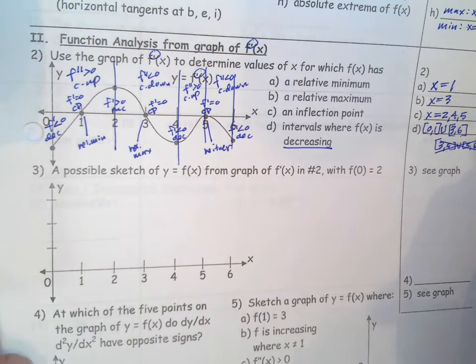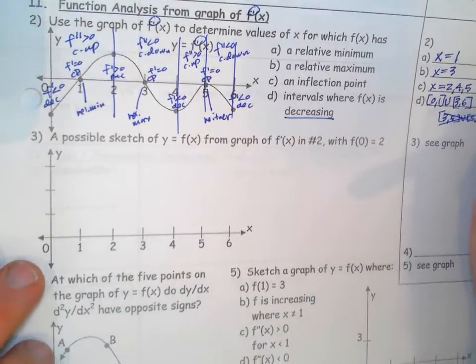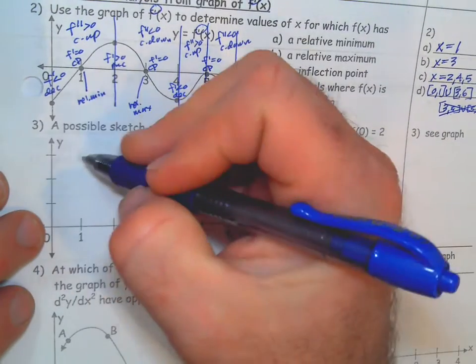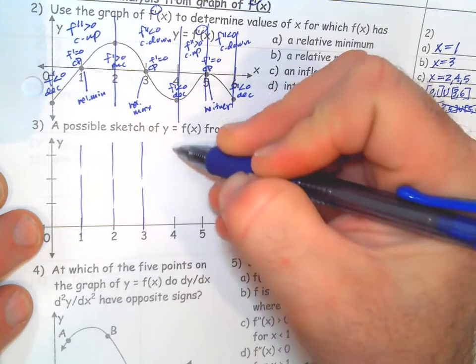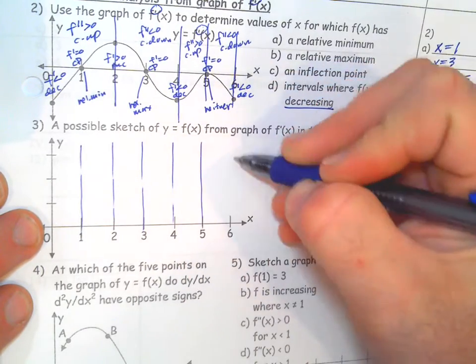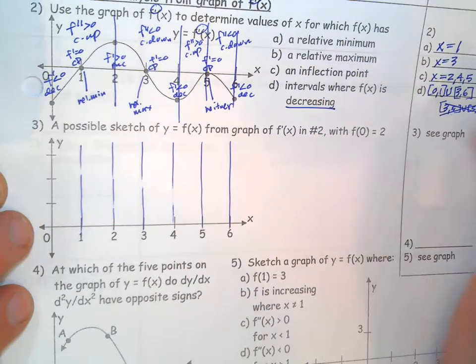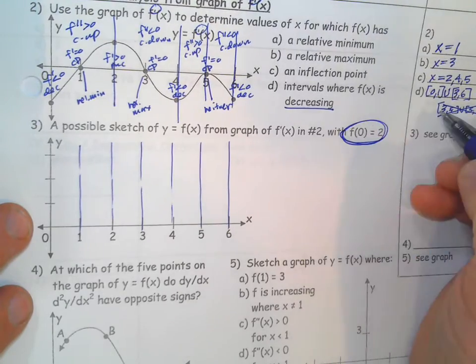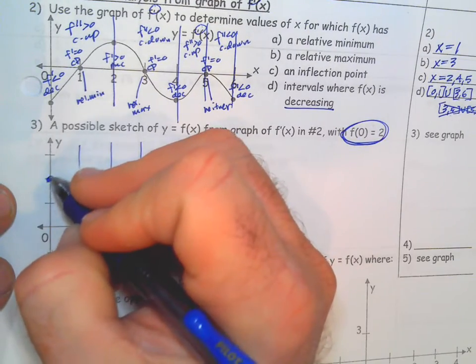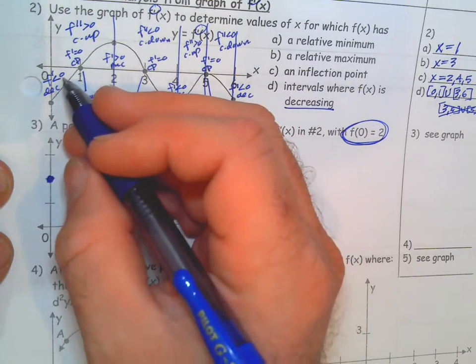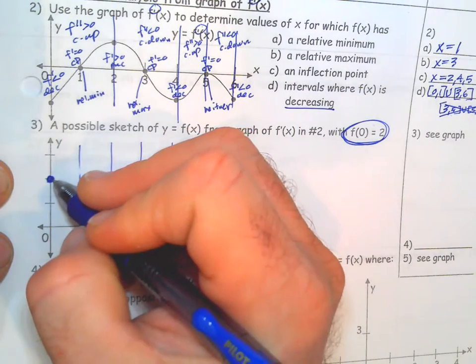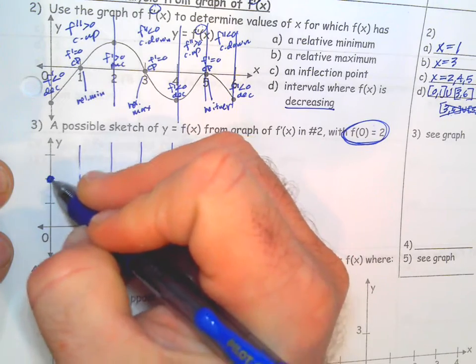Let's see if we can draw a sketch of the original graph from the derivative graph. So we've done a lot of this. We have all the information we need from the work we did before. So I'm just extending these lines to make it a little easier. We're going to start at some arbitrary point, except that we've been told that f of 0 is 2. So first chunk is going down, but concave up.